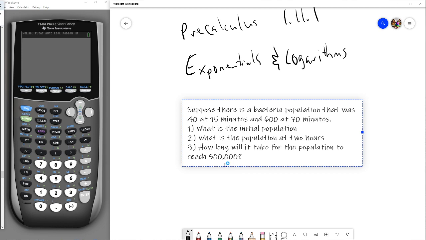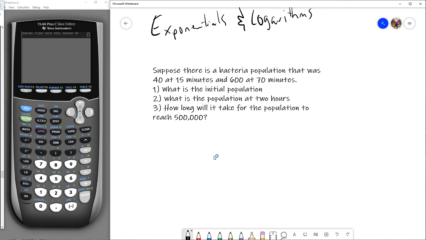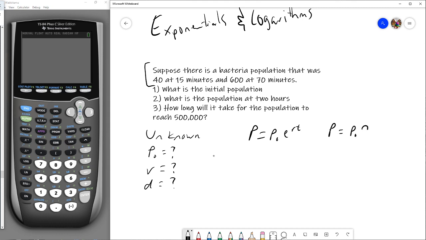So, to approach this question, let's just start with making a list of what we don't know. In this problem, we are not given the initial population, you are not given a rate, you're not given a doubling time. For our equation, we had P equals P naught e to the rt, P equals P naught 2 to the t over d.